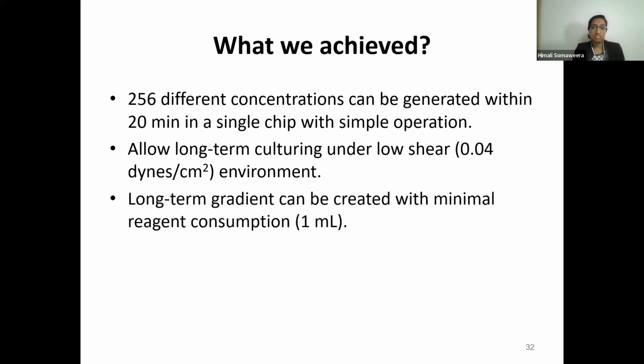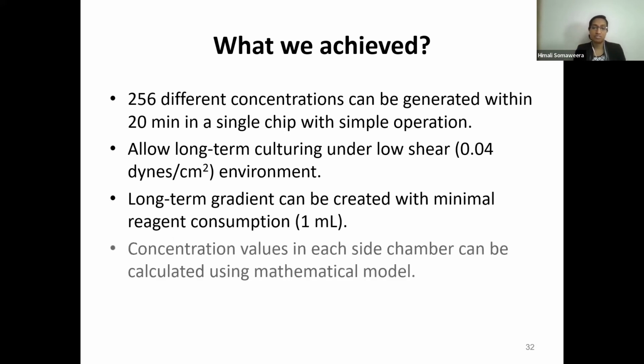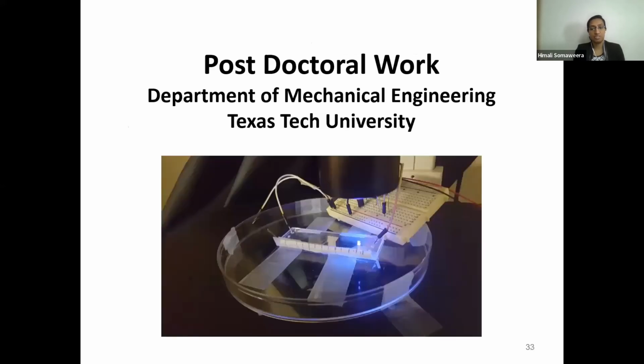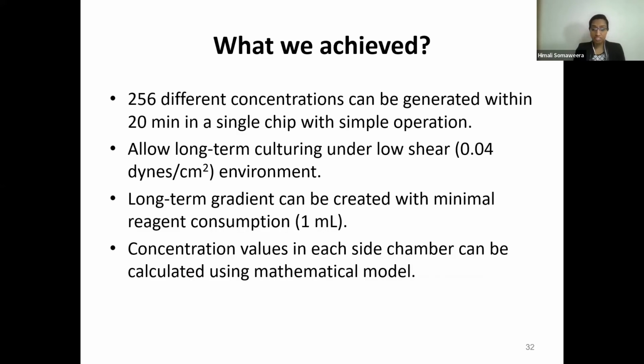And a long-term gradient can be created with minimal consumption of 1 milliliter. We only take 1 milliliter of the sample to test on. And the concentration values in each side chamber can be calculated using a mathematical model. So that's what I achieved from my PhD work.